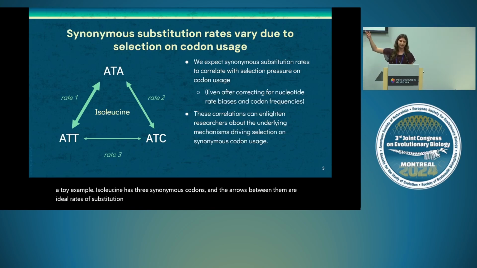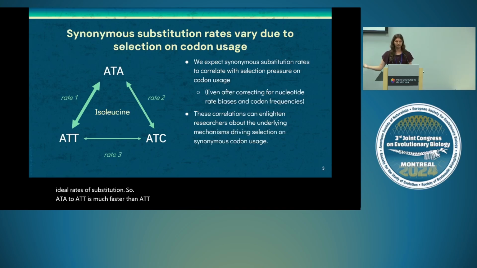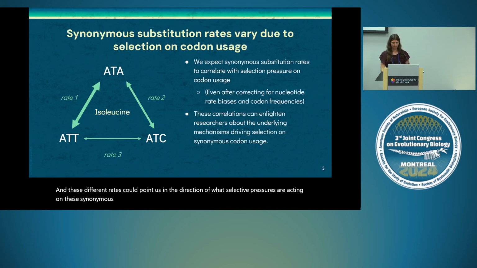So ATA to ATT is much faster than ATT to ATC. And these different rates could point us in the direction of what selective pressures are acting on these synonymous substitutions, because it takes longer for a substitution to rise to fixation if it is under selection.